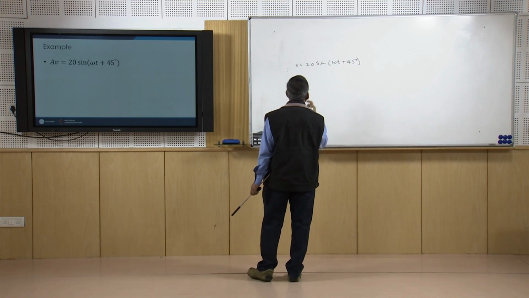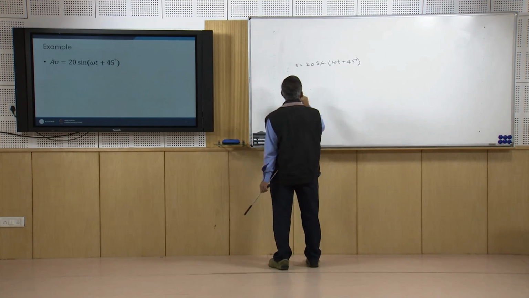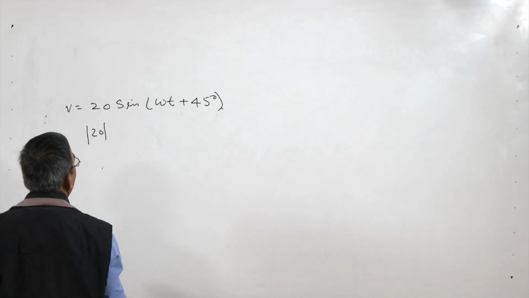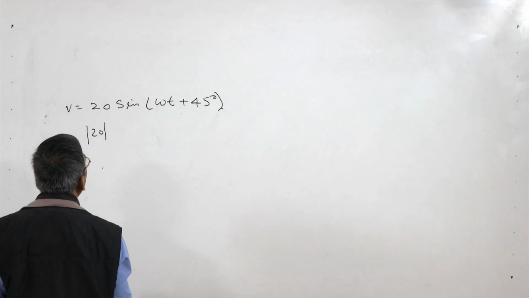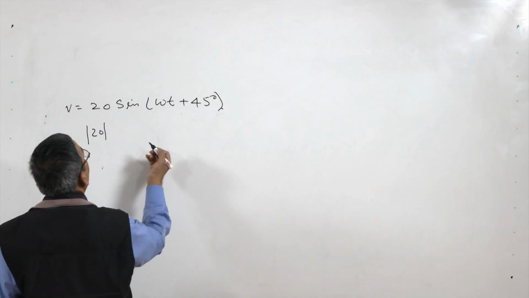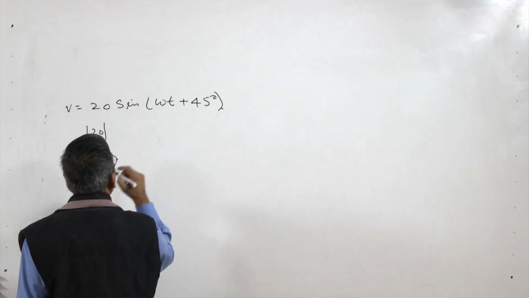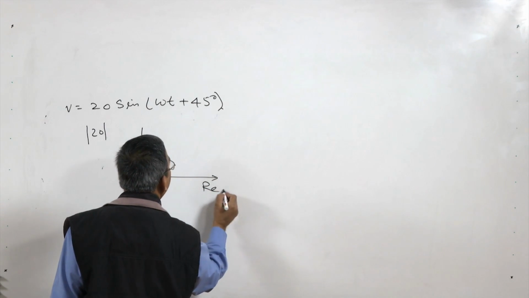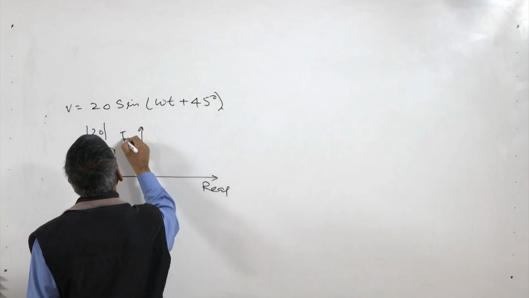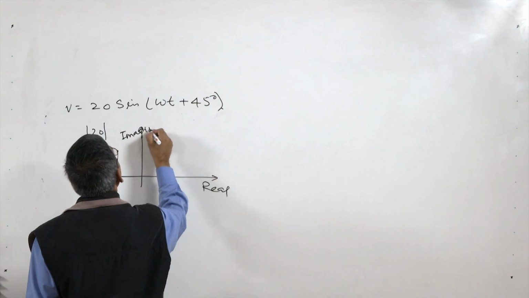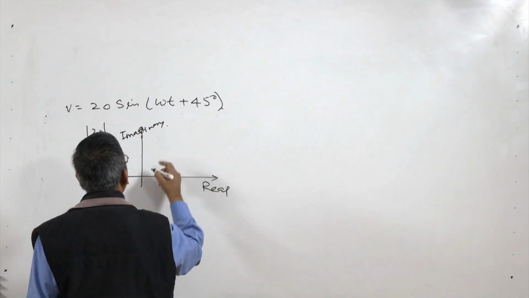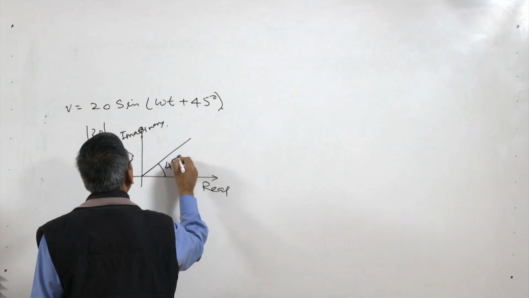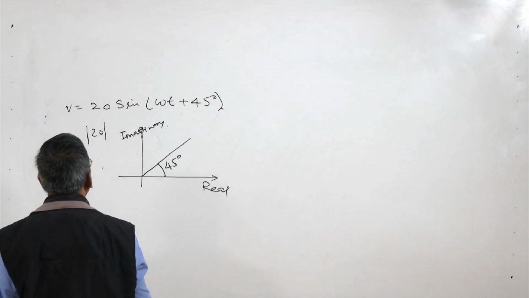Okay. So, here we can see the magnitude of this is 20. Okay. And what we will basically have is this is our real axis, here is our imaginary axis. Okay. And this is at a phase of 45 degrees. Okay.